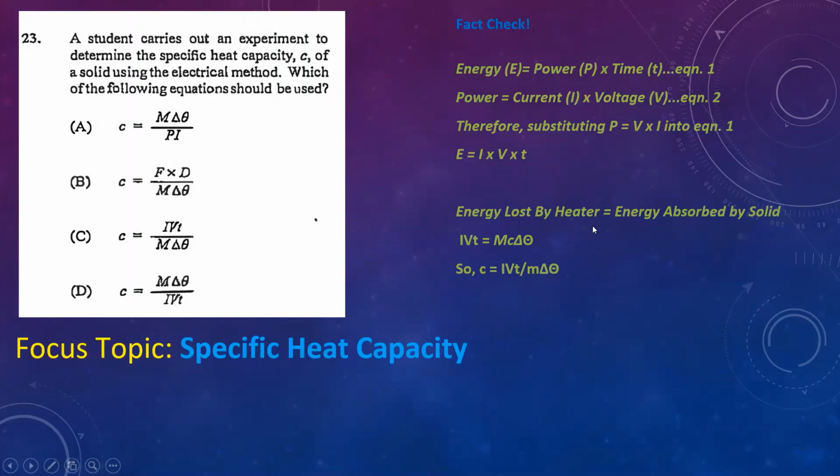We also know that the heat lost by the heater would be the heat absorbed by the solid. So if IVT is equal to MC delta theta, then C should be equal to IVT divided by M delta theta. All we do is transpose for C in this final equation. The answer should be C, IVT divided by M delta theta.